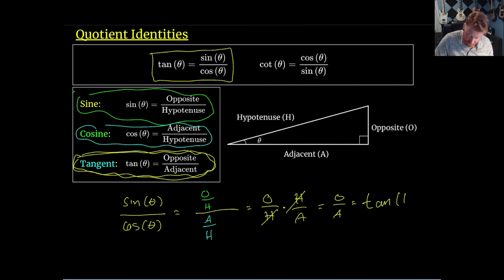So there we go. We get a direct relationship between sine and cosine and tangent by just looking at what each piece represents in terms of side lengths of this right triangle. You could do a similar thing to directly show that cotangent of theta is equal to cosine theta over sine theta. We also know that they are reciprocals of each other, so we just get the other one for free here.